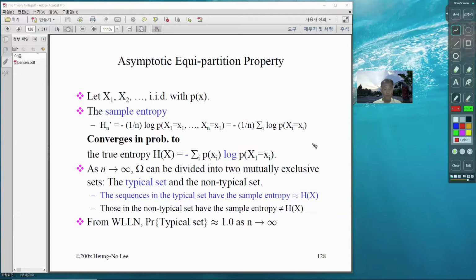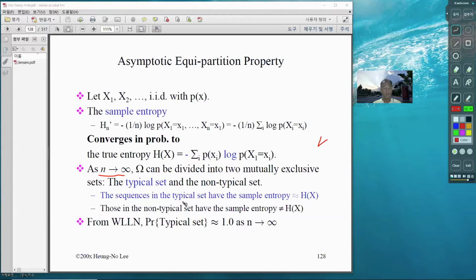If we have this convergence in probability, then we can say the following. As n goes to infinity, the sample space omega can be divided into two mutually exclusive sets: the typical set and the atypical set.